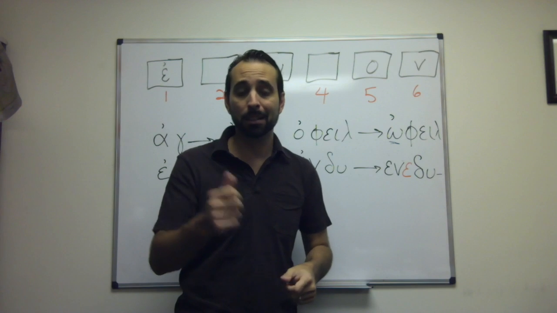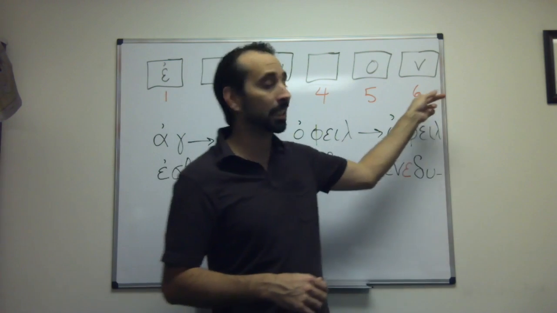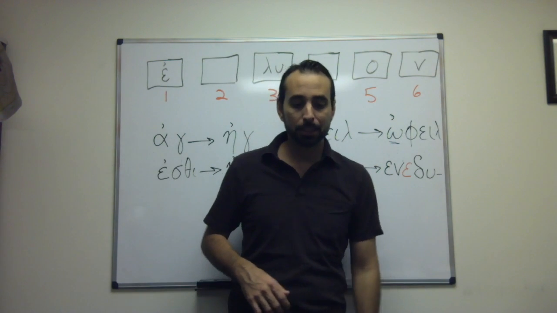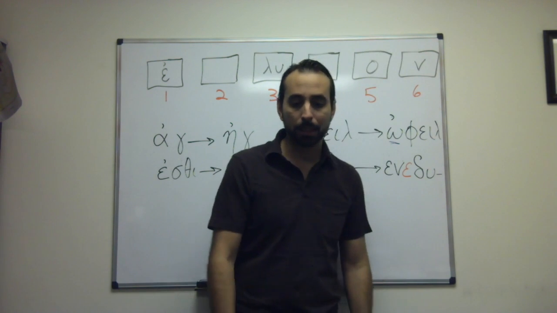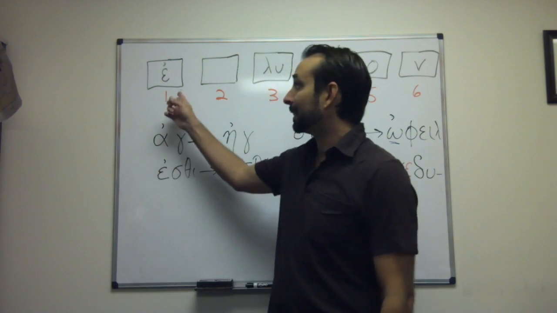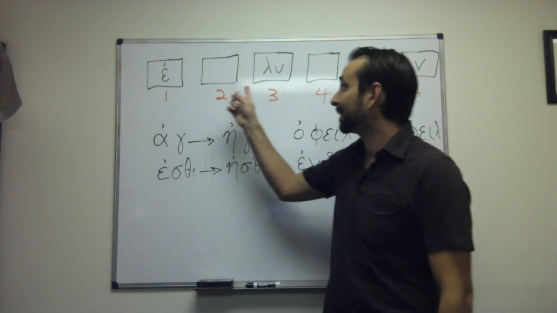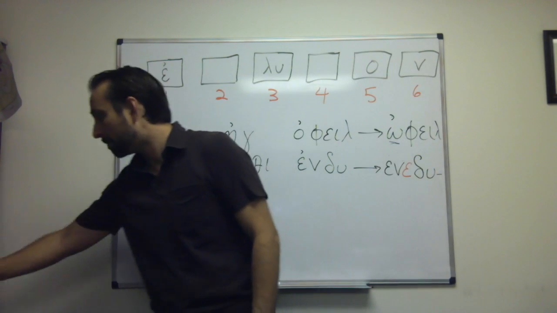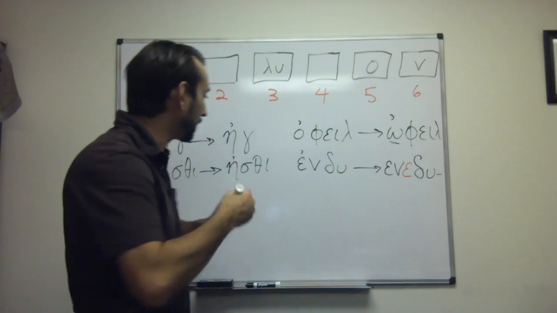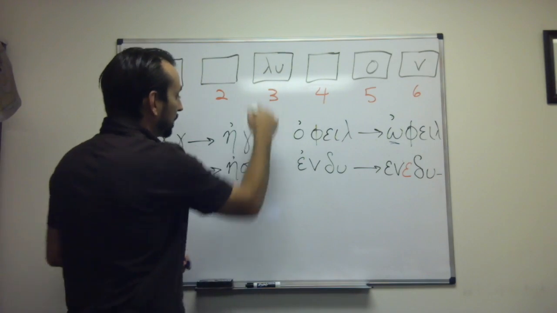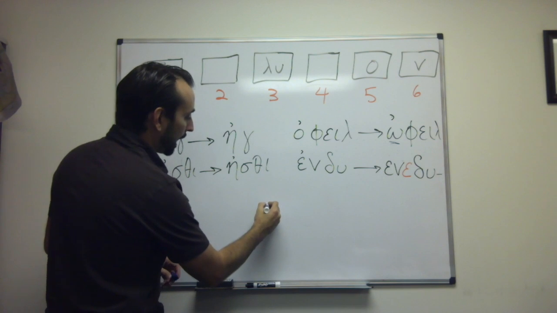So the imperfect has 2 identity markers. It has the augment in box 1. And it has the secondary endings. I'll get to that in a second. Let's talk about the augment. The augment, which he talks about on page 192, 193, and following, is an E, an epsilon, that gets added to the stem. Everything on page 193 is telling you to watch out, because sometimes if your stem has a vowel on the front of it, you can have some changes.